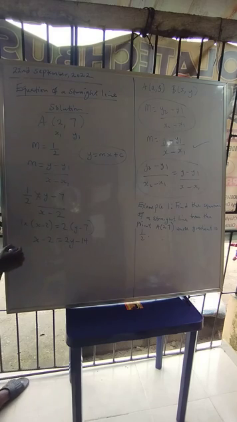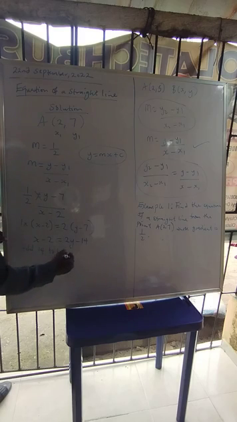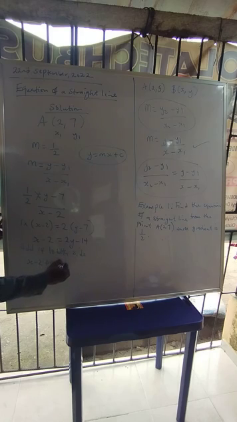We add 14 to both sides, so as to eliminate minus 14 on this side. So when we add 14 to both sides, we have x minus 2 plus 14 is equal to 2y minus 14 plus 14. Then 14 is gone in this case.